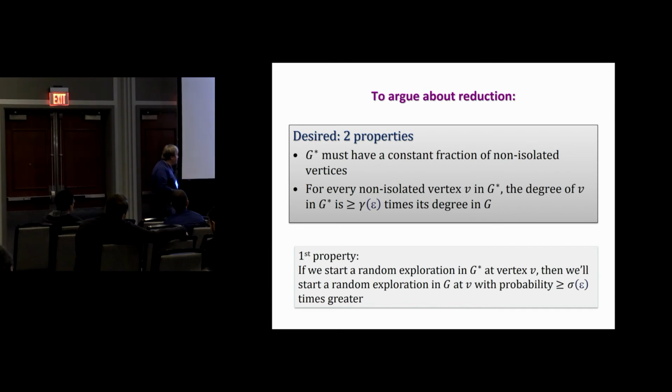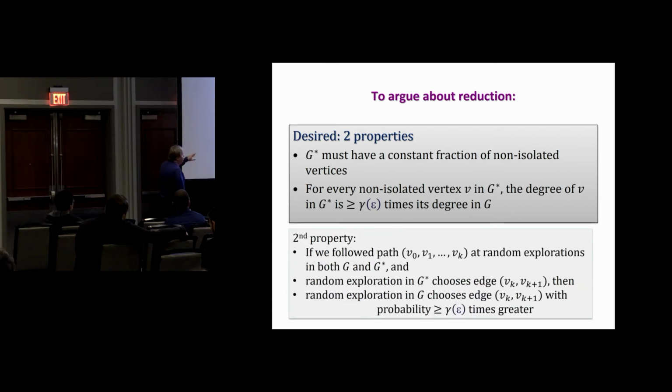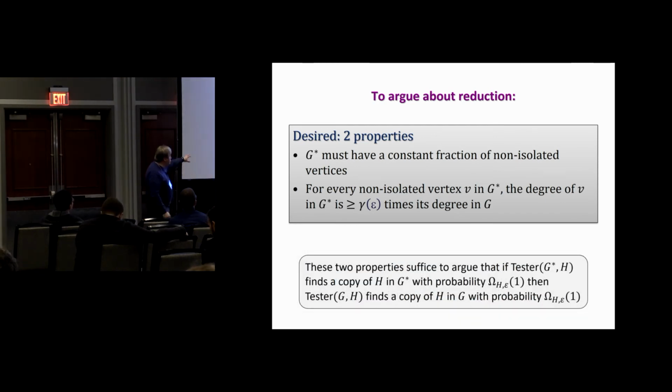And the second thing is that if we are following any path in graph G, then with constant probability, this path also will be in graph G star. We have these two properties, and with them we can reduce this: it is enough to show that if we can find a copy of H in G star, then we solve the problem.